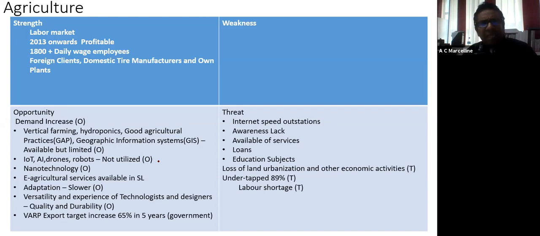Nevertheless, this is what I have prepared. Okay, so this is something I was able to pick up from the case itself. Labor market is good because we were able to retain my numbers. 1,800 is still there, right? And also I was able to employ the daily wage employees.